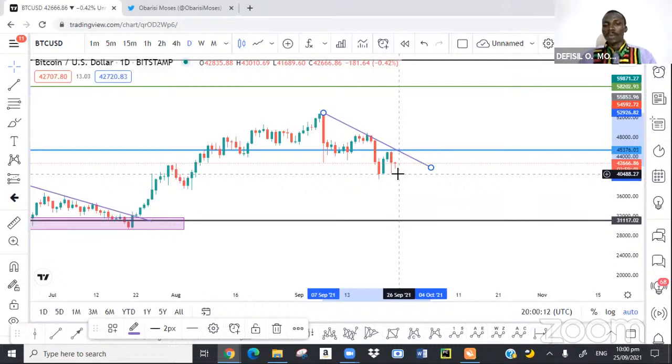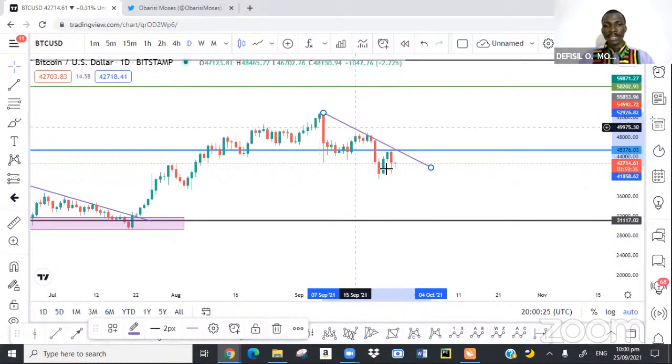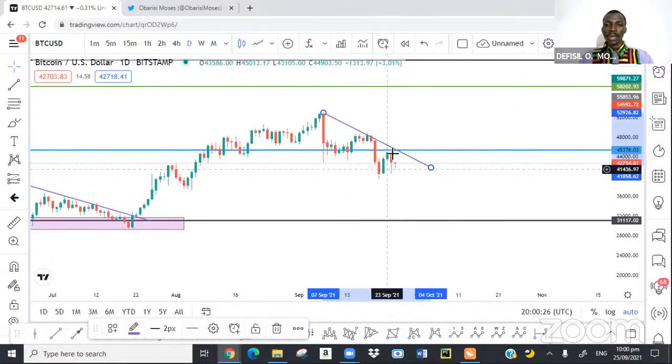We have to wait for some other confirmation first before we consider buying using this candle. On the overall, the market is in a downtrend. So if we are to buy, we'll wait for this market to break this trend line and retest this level before we buy. While for a sell, we'll look at this current movement that is coming up.